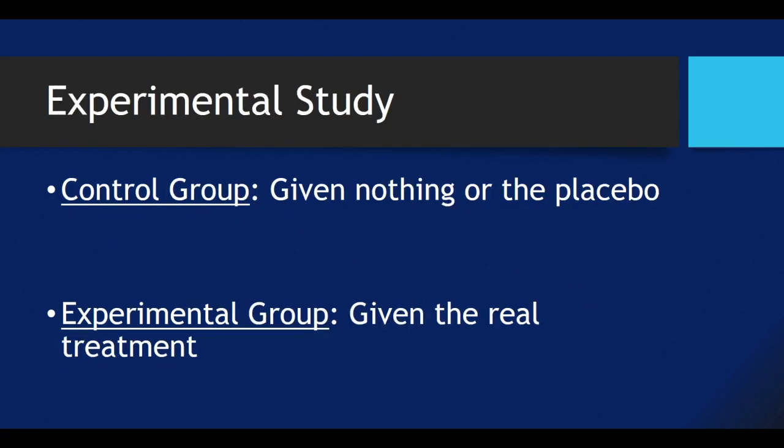That brings me to the next thing. What are those two groups called? They're called the control and experimental groups. Inside this fictional experimental study, I've given people from the control group nothing or a placebo, and in the experimental group, I've given them the real treatment.